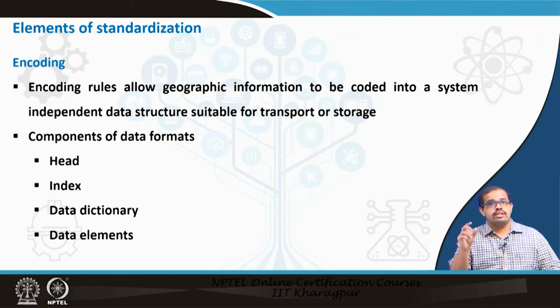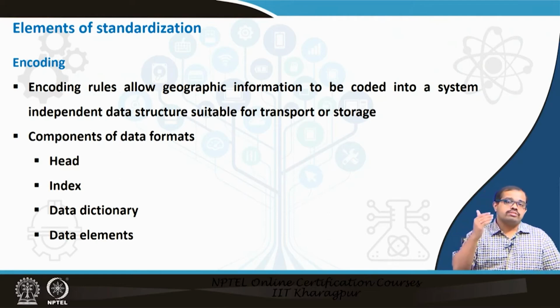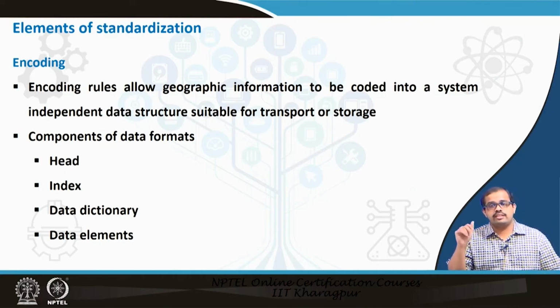Okay. So, normally the components of this data would be a header, an index, a data dictionary and data elements. All of these are very important in having any data stored as a particular structure, if it has to be usable by any GIS software. Let us take a JPEG.